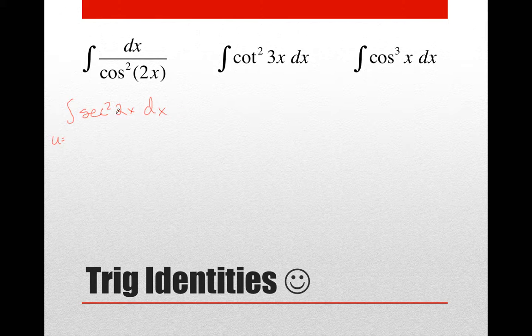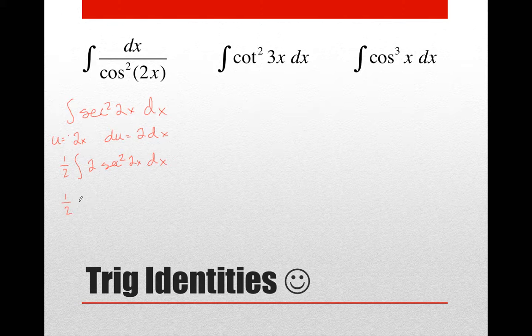Then, because we don't really know anything about the 2x, we can say u is equal to 2x, where du is equal to 2 dx. So we can compensate for the 2 secant squared of 2x dx.